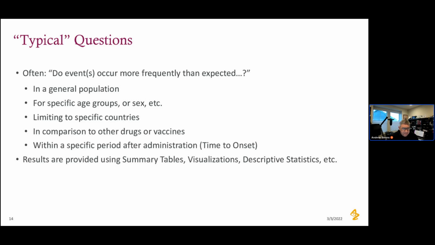And then other things, like we are only interested in a certain period of time to onset. And of course, the results need to be provided as summary tables, visualizations, descriptives, any number of forms. So a lot of questions, a lot of things to be answered.